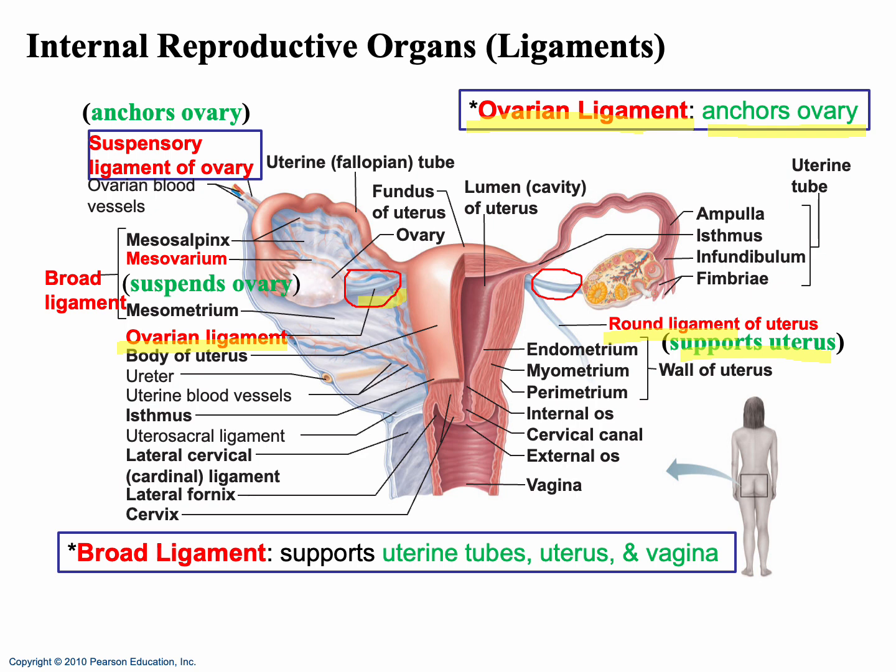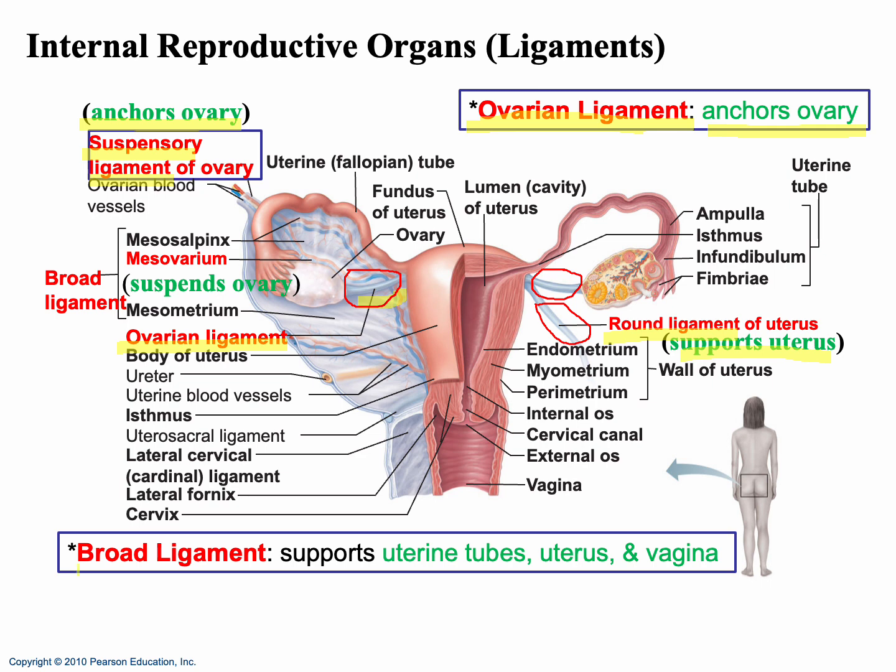Likewise in this diagram, we can see that here too. So here's our round ligament right there. We can also see here another critical ligament known as the suspensory ligament, which anchors the ovary in place. So another very important ligament for sure.